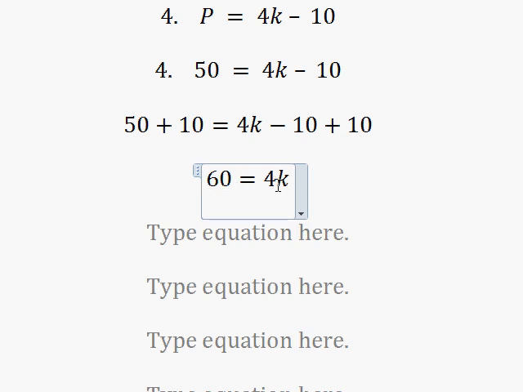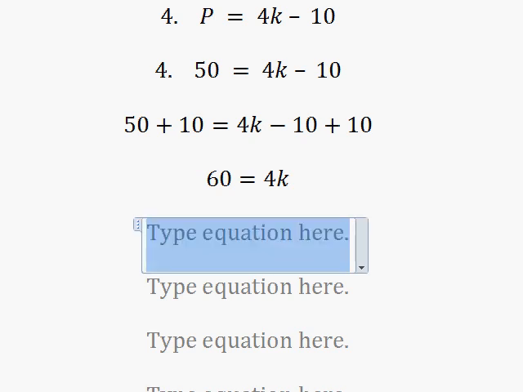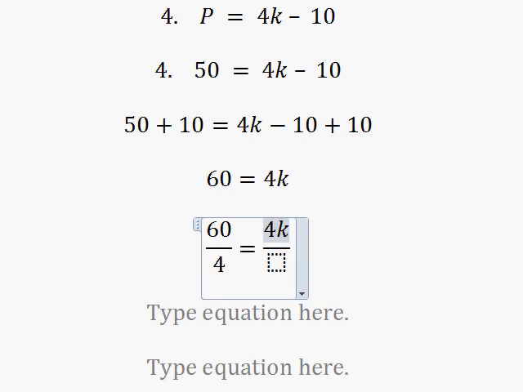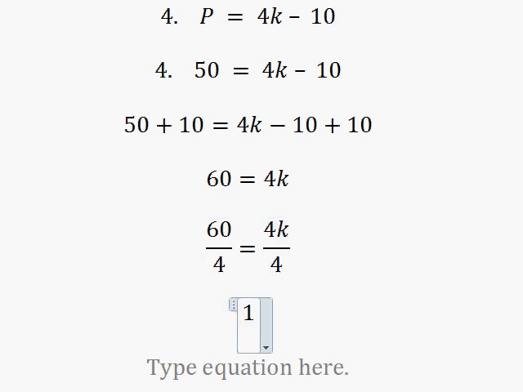If you're going to divide 4k by 4 to cancel out this 4, you're going to have to divide 60 by 4 as well. Let's do that now. Let's divide 60 by 4 and 4k by 4. 60 divided by 4, you know, is 15.